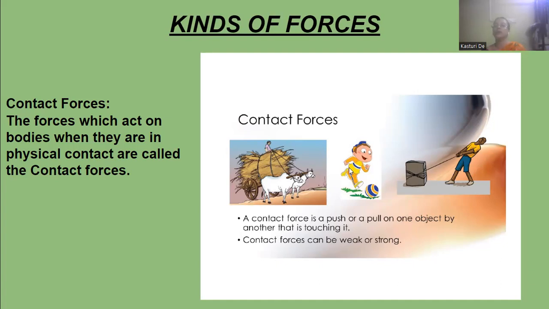Here, the boy is touching the ball and hitting it, so there is also an applied contact force. Here also, the person is pulling the luggage or the hard object. He is in contact with the thread or rope while pulling it. So there is contact between the objects, and therefore these are contact forces.